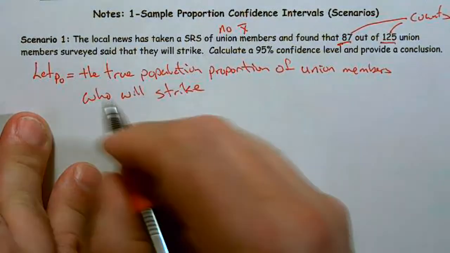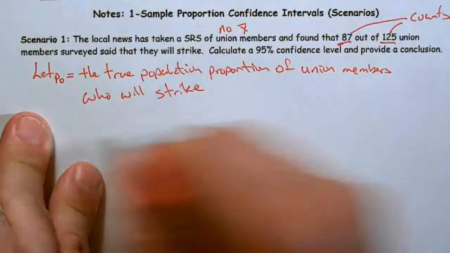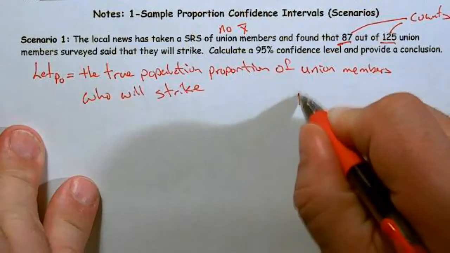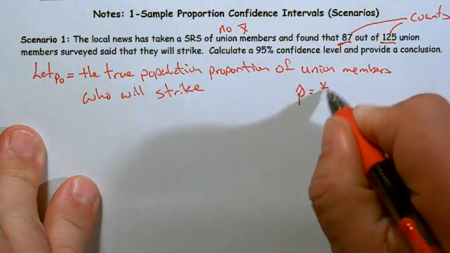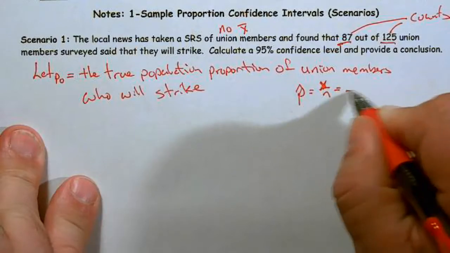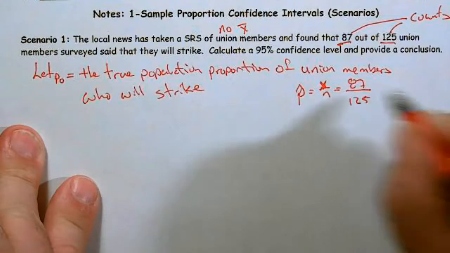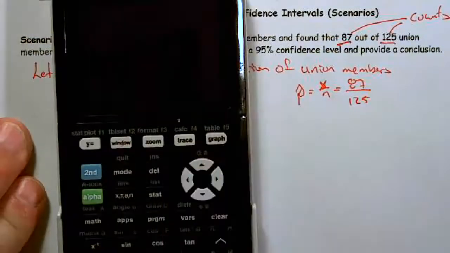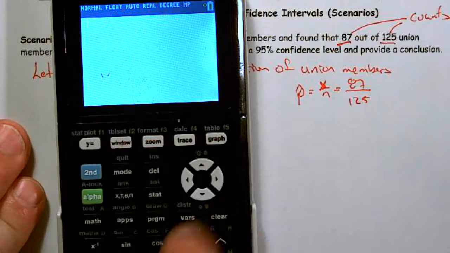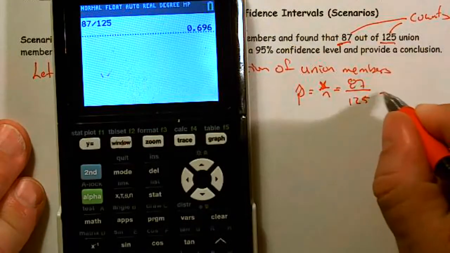All right. And let's go ahead and find out what P hat is, just because I find that that's a really good thing to do early on. So P hat equals X over N. And X, we expect 87 to strike out of 125. When I divide 87 by 125, it is 0.696.